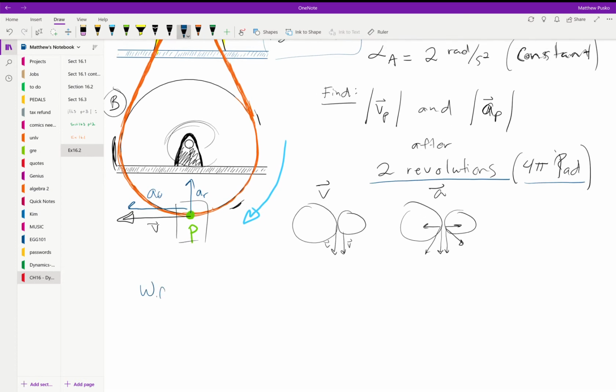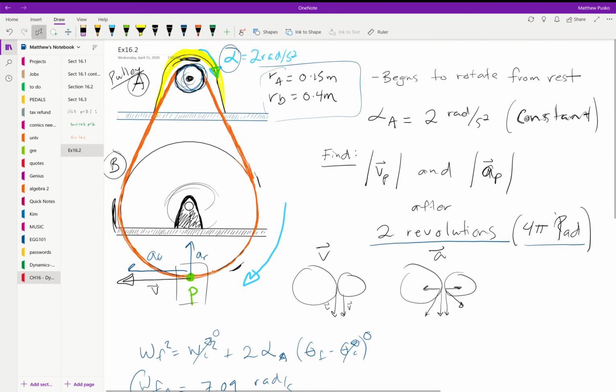So we got omega final squared is equal to omega initial squared plus 2 times that constant alpha A times theta final minus theta initial. This was 0, this was 0 also, so omega final of A comes out to be about 7.09 radians per second. Alright, we need that.